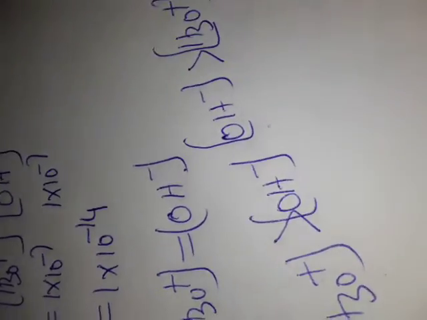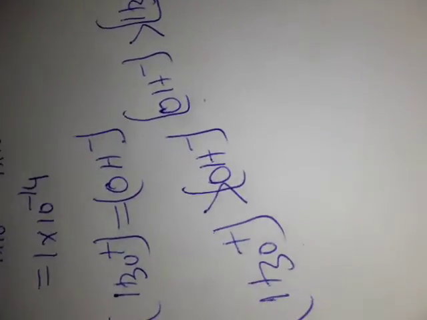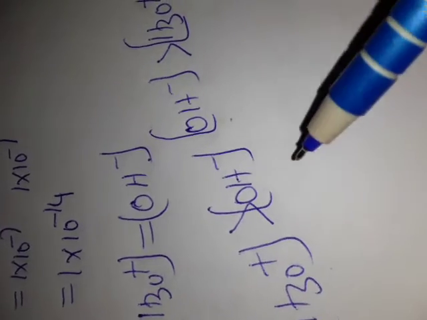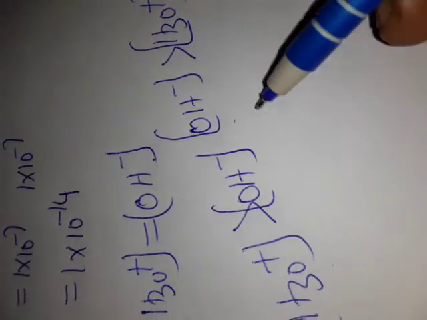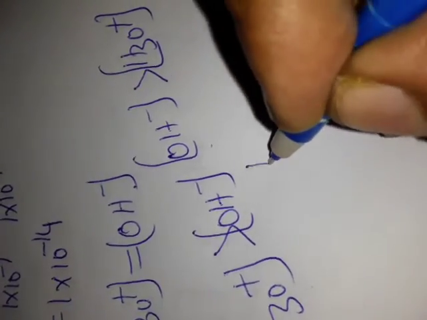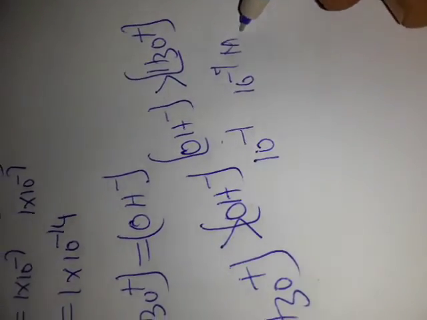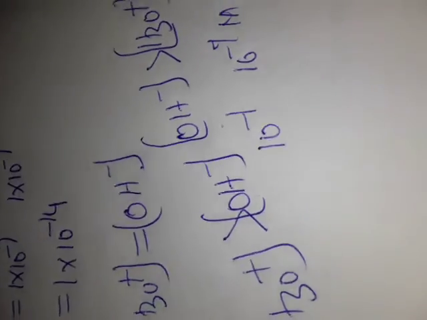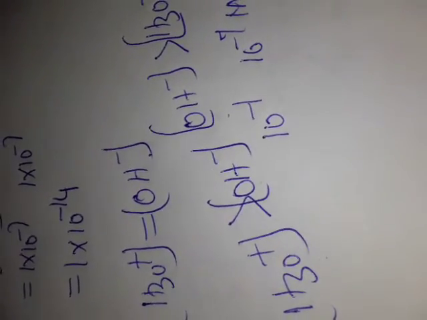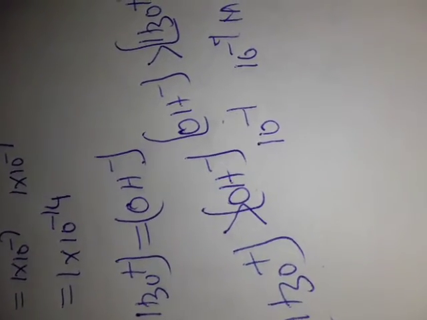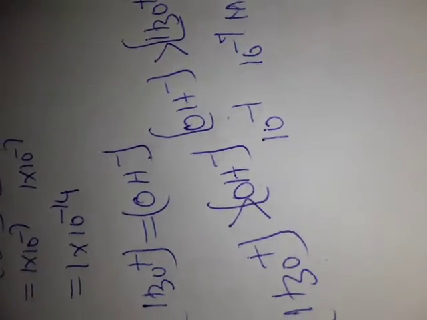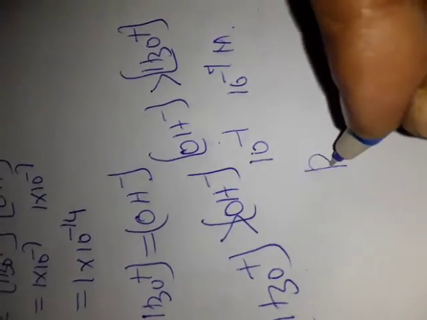So depending upon the acid-base solution in the concentration range 10 power minus 1 to 10 power minus 7 M, to express the strength of such low concentrations, a scientist, Sorensen, introduced a logarithmic scale known as pH.